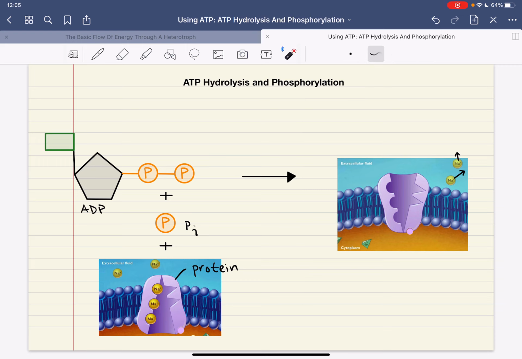So in this drawing, we're looking at the follow-up chemical reaction, the reaction that follows ATP hydrolysis, so we can track where the energy released from ATP got delivered to. So what happens during phosphorylation is this.